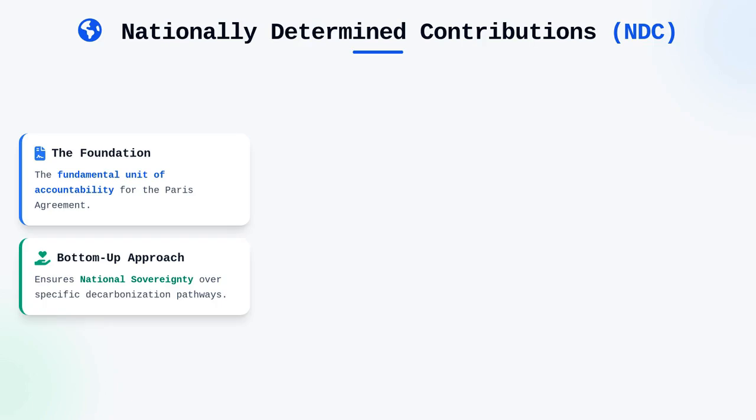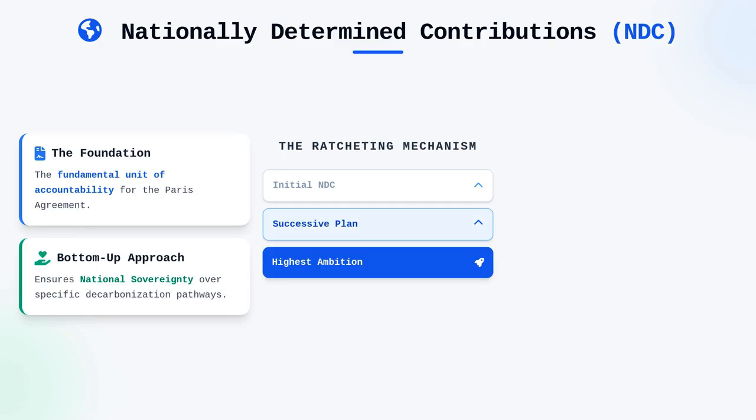These documents represent a bottom-up approach to international climate policy, ensuring that individual nations retain sovereignty over their specific pathways toward decarbonization. The core requirement is that every subsequent NDC must reflect a progression beyond the previous version, representing the highest possible ambition that a state can manage given its national circumstances. This dynamic feature, known as the ratcheting mechanism, is designed to ensure that global climate action scales over time rather than stagnating at current levels.